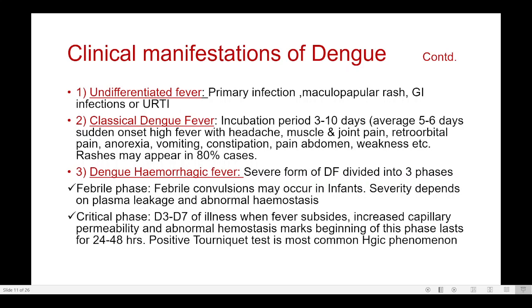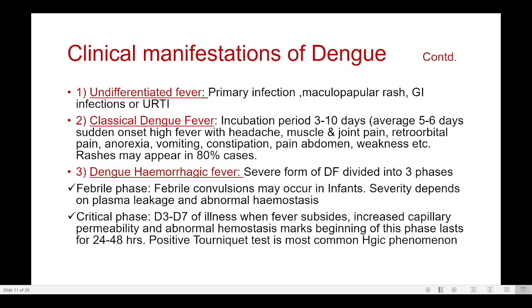And when it is maculopapular, that means on the 3rd or 4th day of the fever, it appears on the chest and trunk, and then spreads to the extremities and rarely to the face.